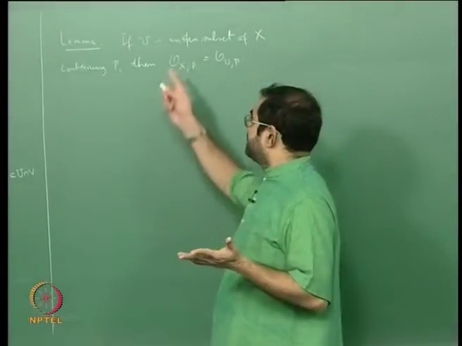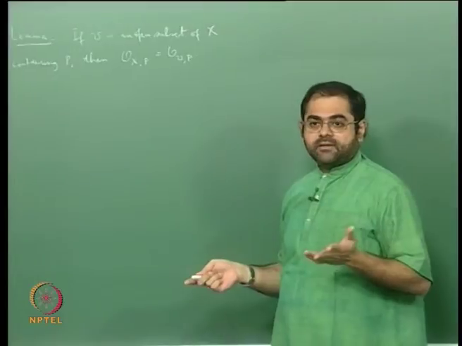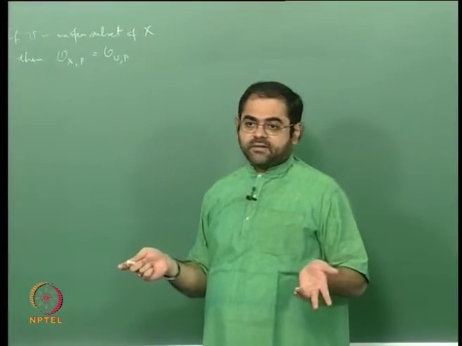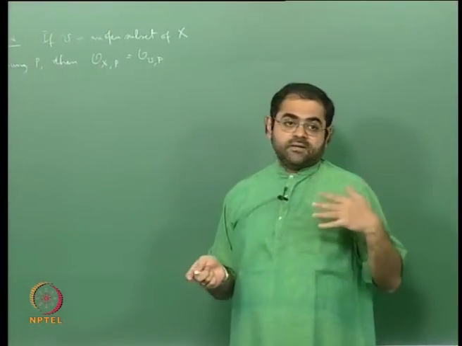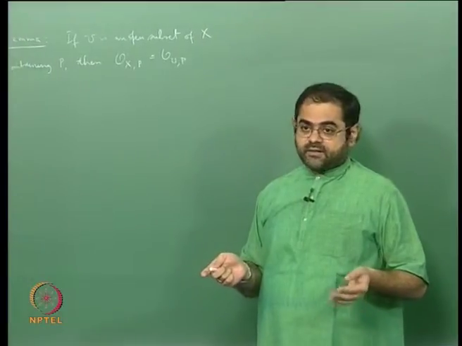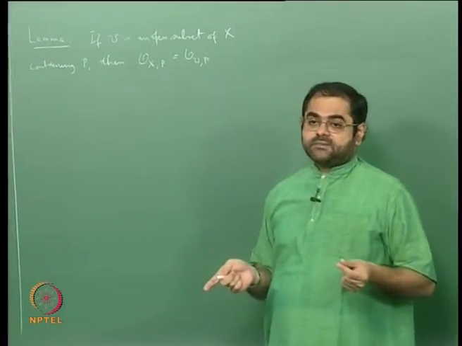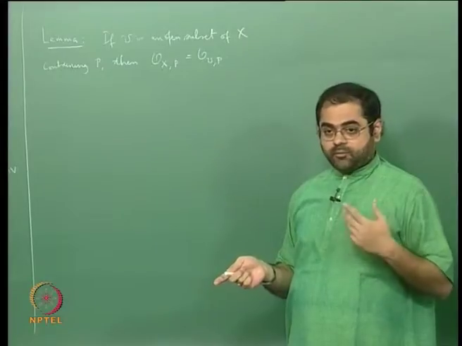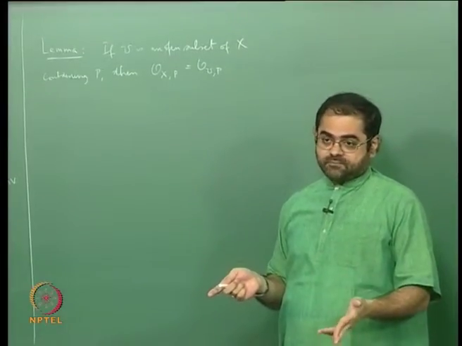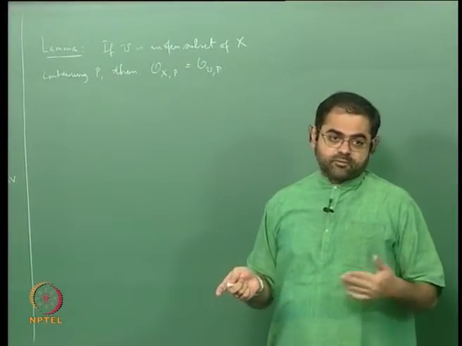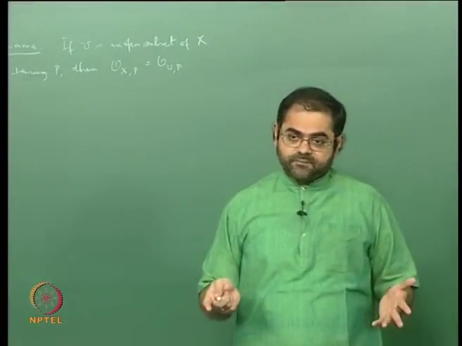So of course if the variety is an affine variety, an open subset will become a quasi-affine variety. If the variety is a projective variety, the open subset will become a quasi-projective variety. If the variety is quasi-affine, then an open subset of that will continue to be quasi-affine. If it is quasi-projective, an open subset will continue to be quasi-projective, okay.